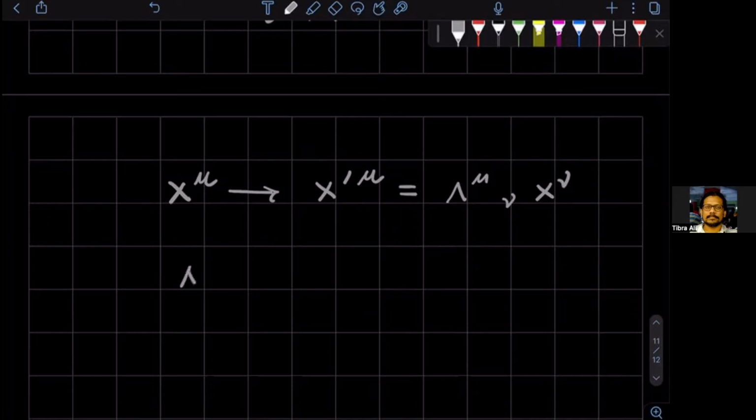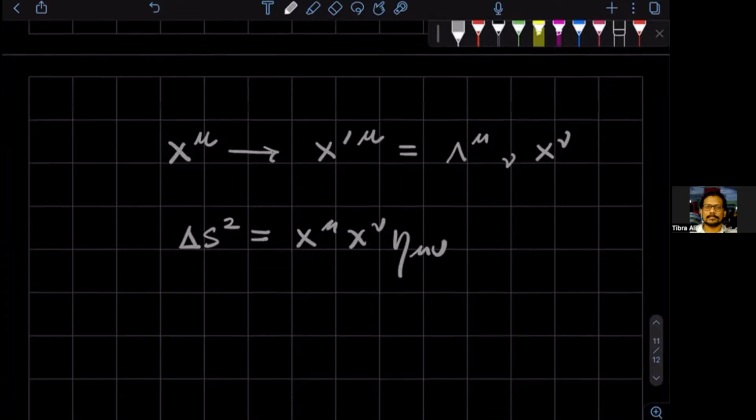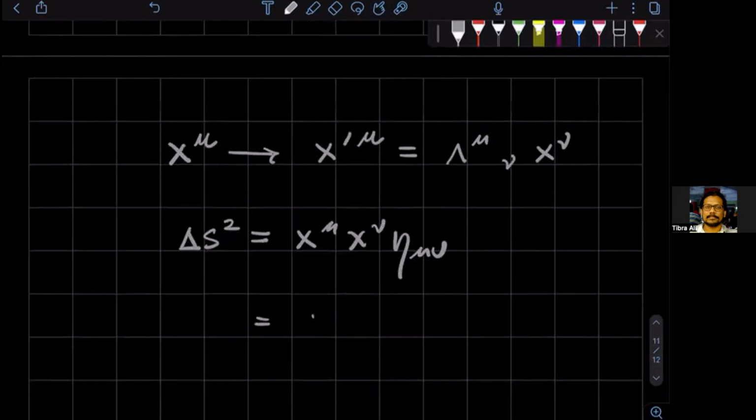Then according to special relativity, this thing is invariant. So this is equal to x mu, x nu, eta mu nu, but it is also equal to x prime of mu, x prime of nu, eta mu nu, right? Is this clear?